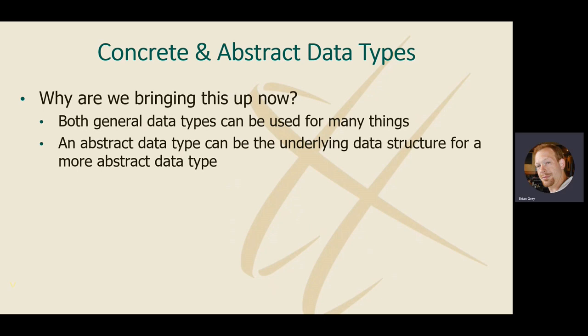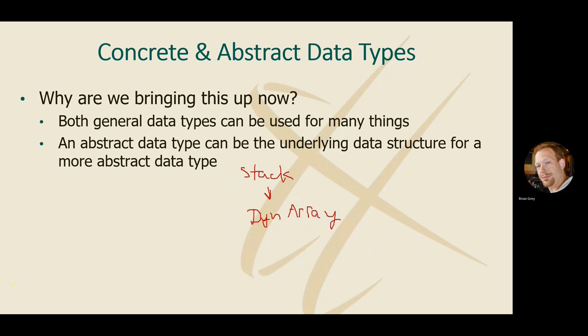When we get to stacks and queues, you will see that we will talk about a stack being built on top of an array, sure, or a linked list, sure, but also on top of a dynamic array. So stack on a dynamic array on top of an array, right? This is okay. This is totally acceptable. And you could build something on top of that stack if you wanted to. There's nothing that prevents that. That is a totally legal way to design your data types.